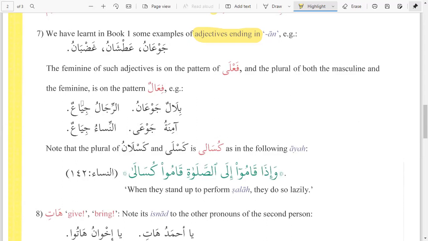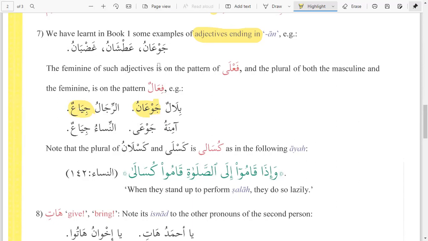Ar-rijalu ji'aun. The men are hungry. So the plural of jawanu is ji'aun, on the pattern of fi'alun.